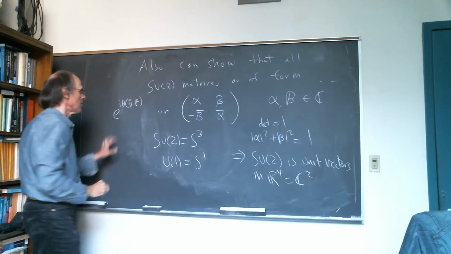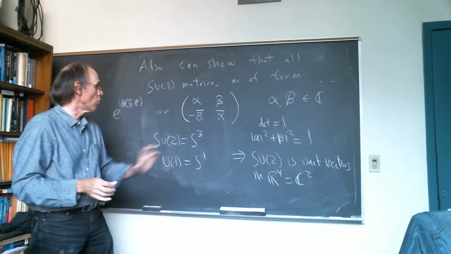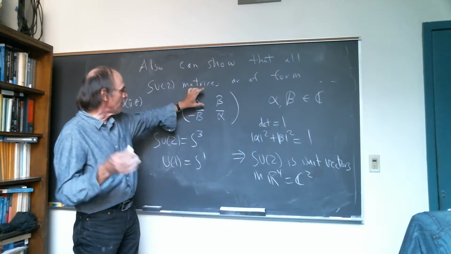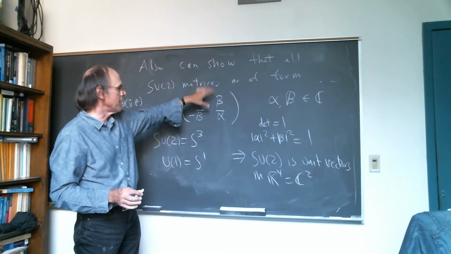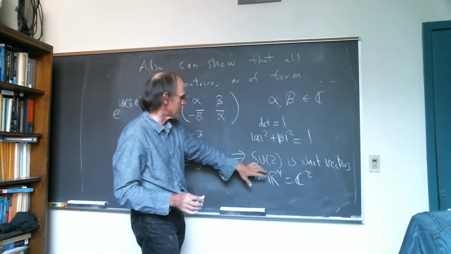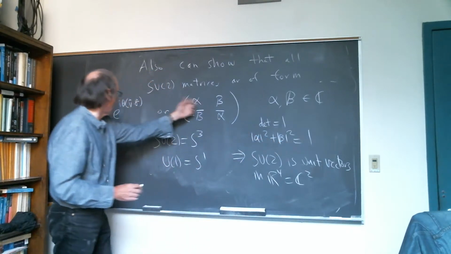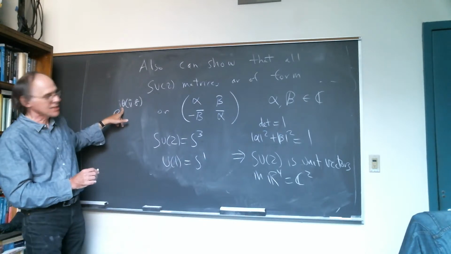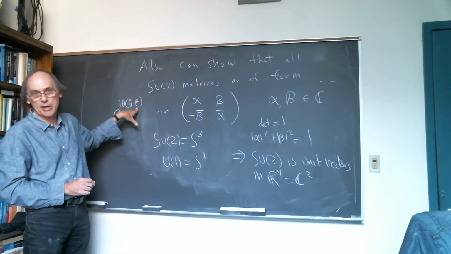So I gave you 2 very different ways of thinking about SU2 matrices. One is that they're complex matrices, and once you know a row, you know the other one, and the determinant 1 condition says the row has to have unit length as a 4-dimensional thing. But then I also said you can think of them as what you get by exponentiating a parameter times unit vectors times the Pauli matrices.